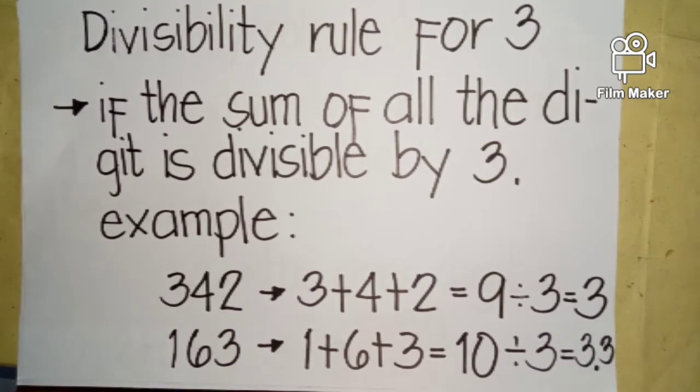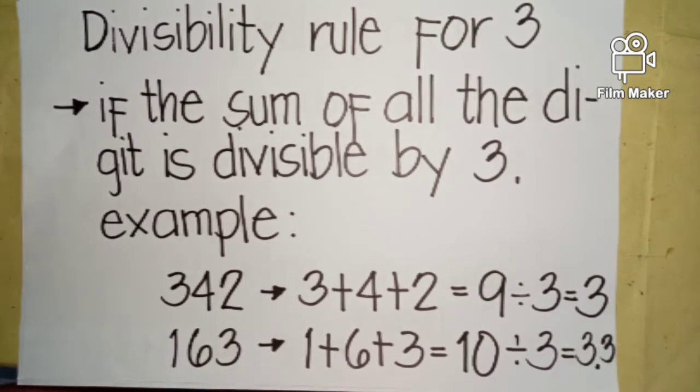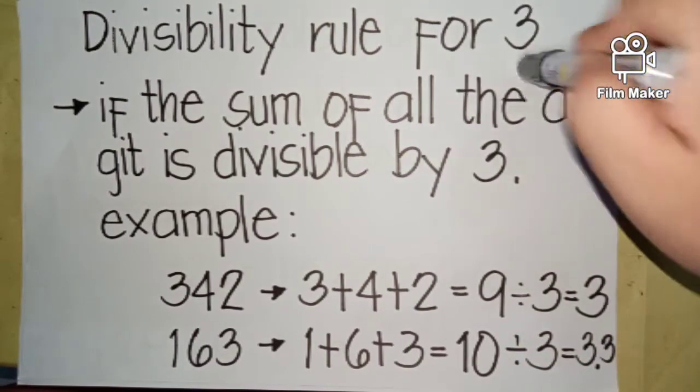If we divide 10 by 3, it is not a whole number because it has a decimal point. The answer is 3.3. It has a remainder. So therefore, 163 is not divisible by 3.